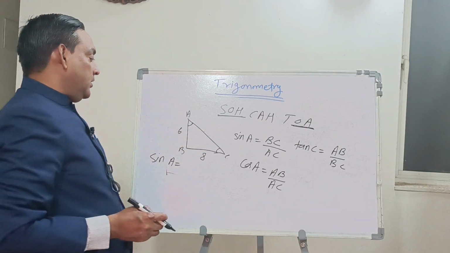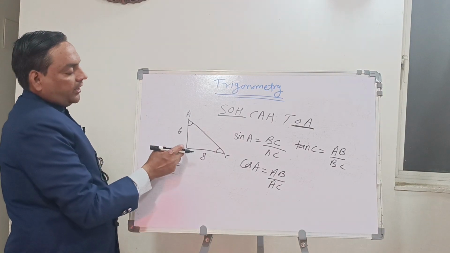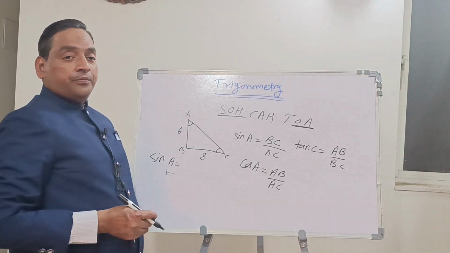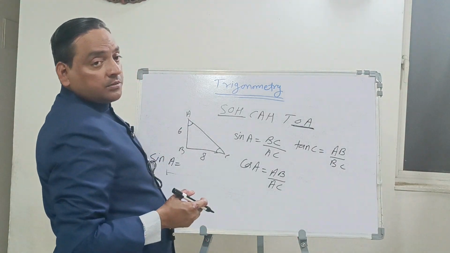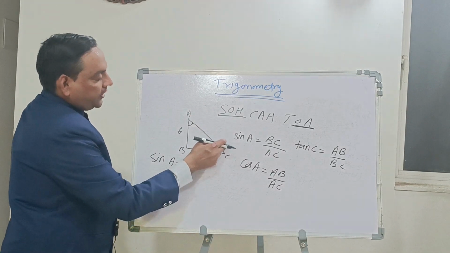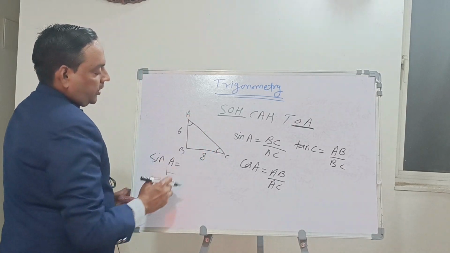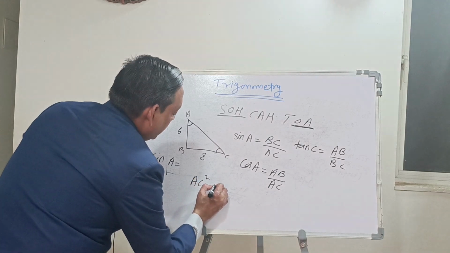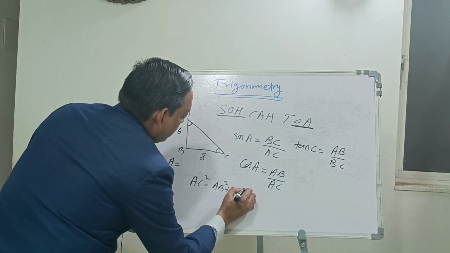In this triangle, the third side is not given. Only AB and the length of BC are given. Now how to find the third side? Remember, in the beginning we did the Pythagoras theorem. Hypotenuse square is equal to one side square plus the other side square. It means AC square is equal to AB square plus BC square.